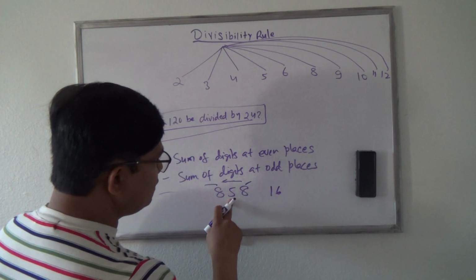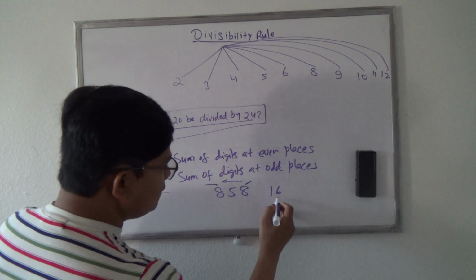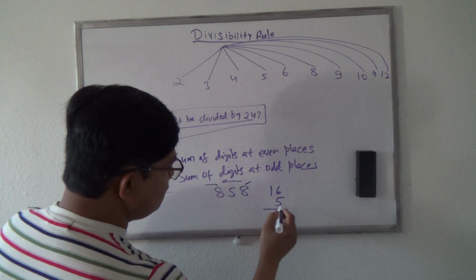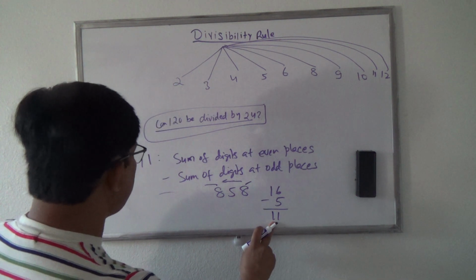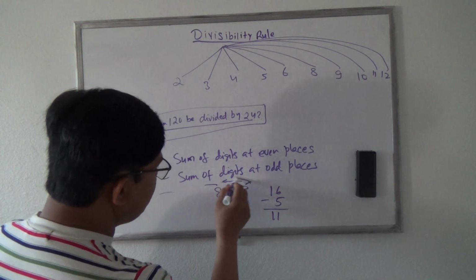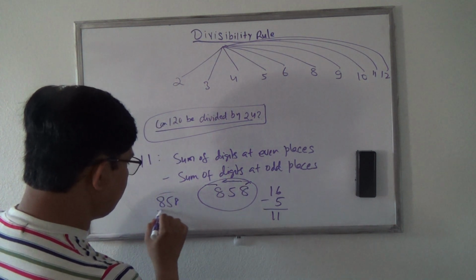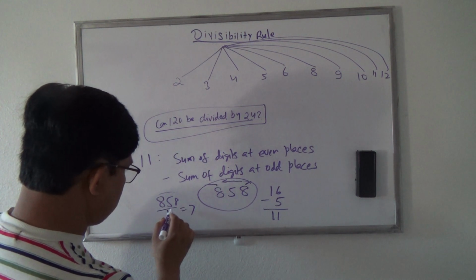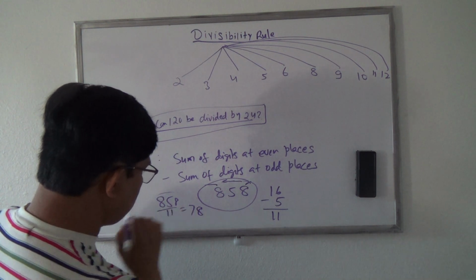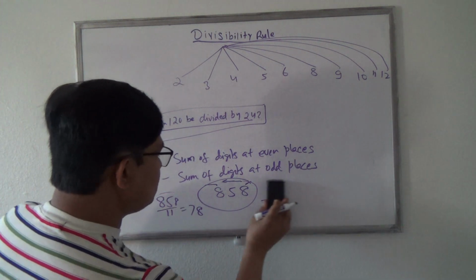And at even places, there is just one number, 5, and take the difference. 16 minus 5, 11. 11 can be divided by 11. So this whole number can be divided by 11. Let's try it. 858 divided by 11. Okay, 78.